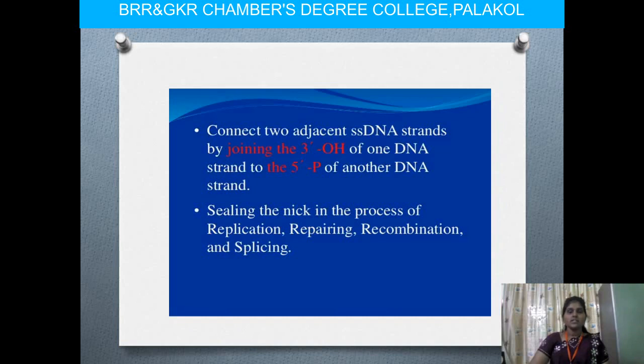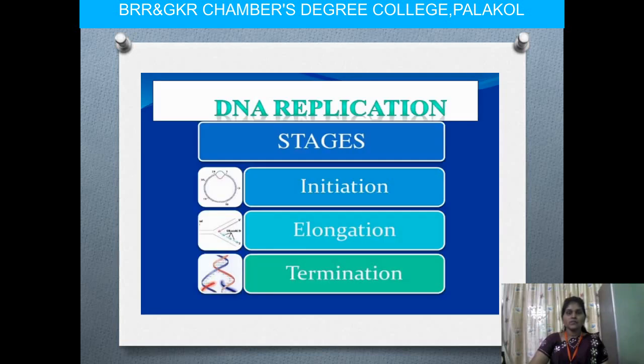It connects adjacent single stranded DNA strands by joining the 3' hydroxyl group of one DNA and the 5' phosphate group of the other DNA, and seals the gaps between the different segments during replication, recombination and also repair processes. And the next one, the process of replication.